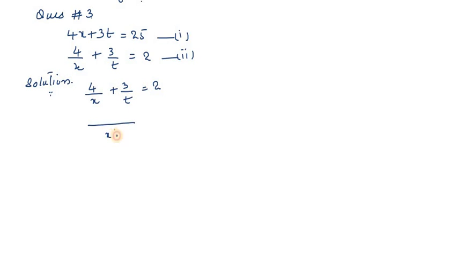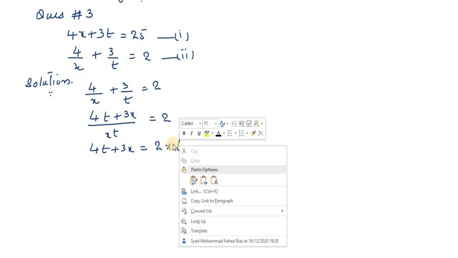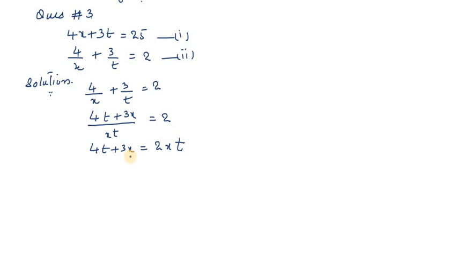We take the LCM x t and get 4t plus 3x is equal to 2xt. So this will be equation number 3.